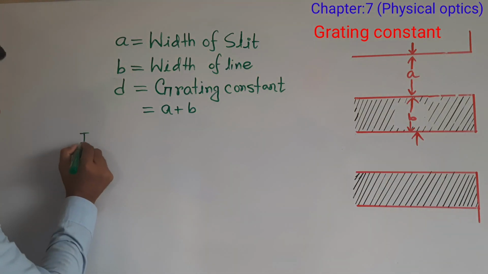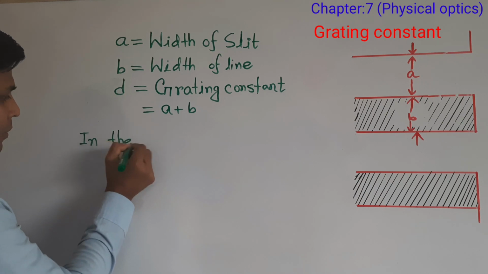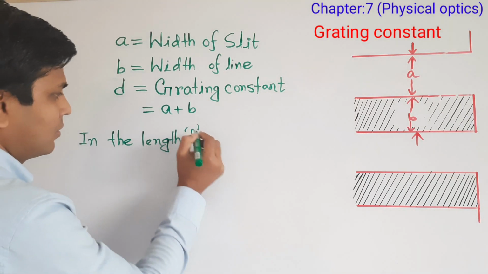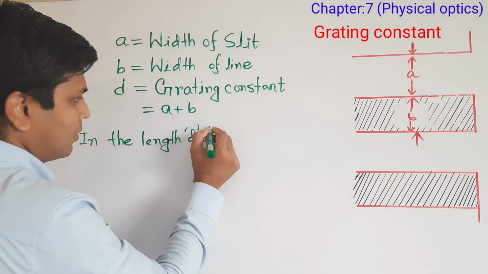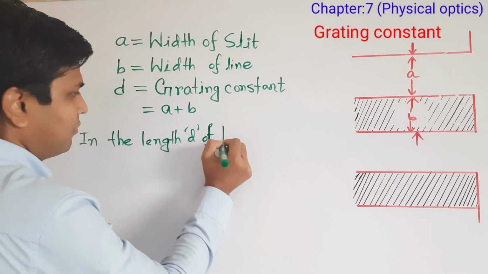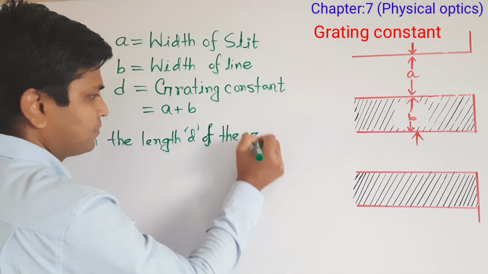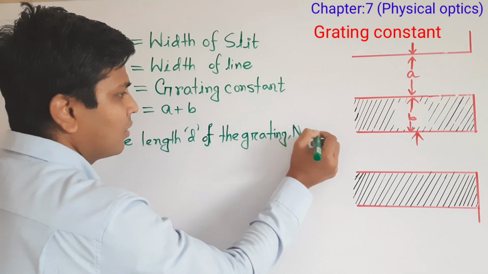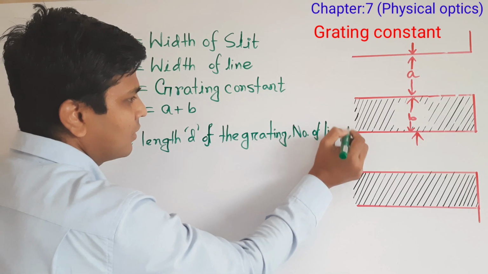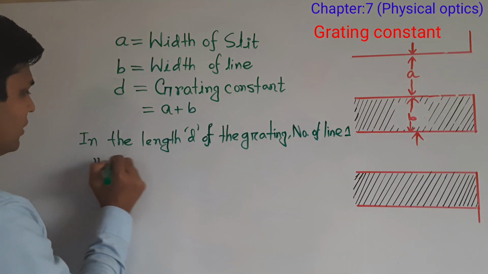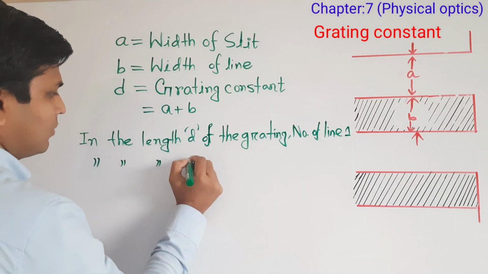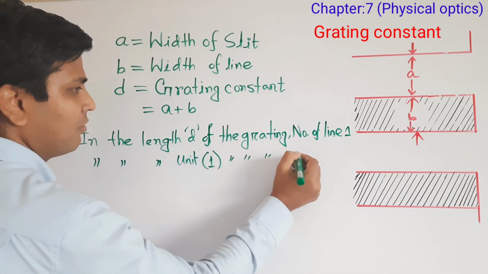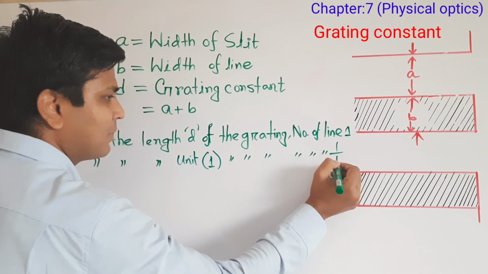Now, in the length of the grating, the number of lines in unit length will be 1 by d.